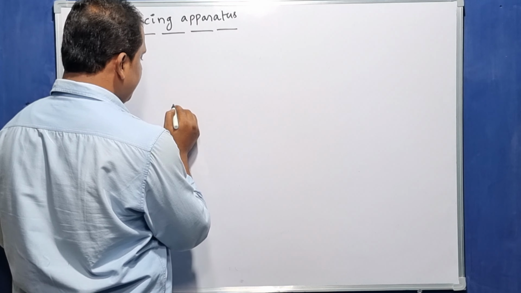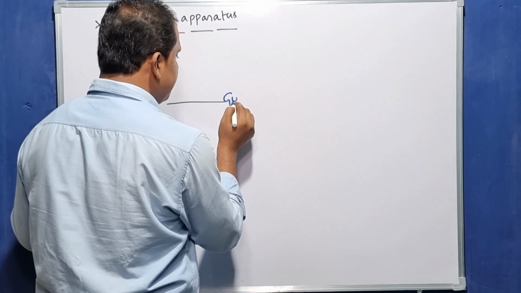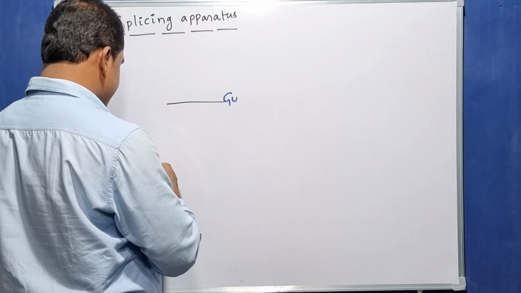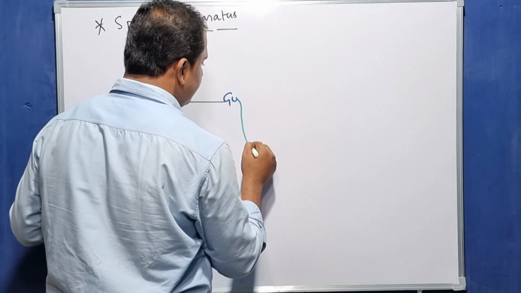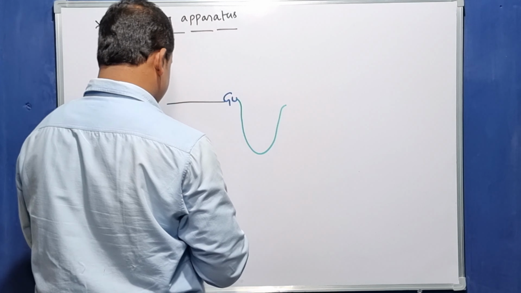So here, let us assume it is the 5' splice site. Here it is the GU, here it is the non-coding sequence, and here it is the adenosine nucleotide.